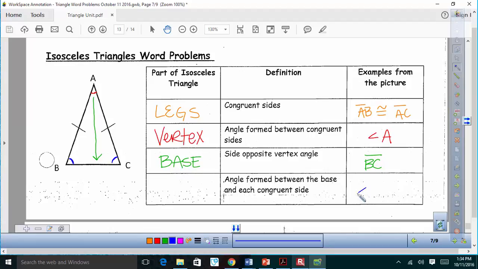So we'd put angle B and angle C are the angles formed between the congruent sides and the base, and these are called base angles. Okay, so you will see that terminology in our isosceles triangle word problems.